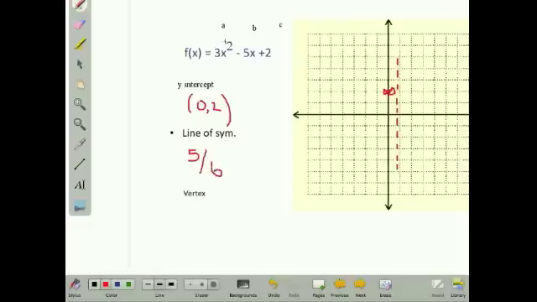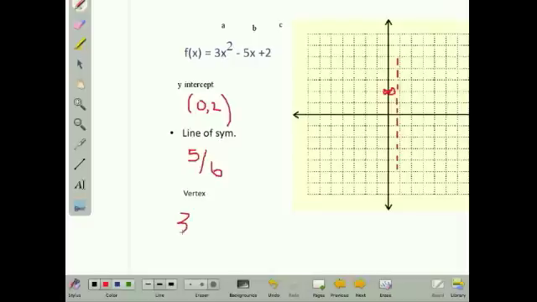Now I know that this graph is going to open up, and that's because a is positive. So it's going to look something like this, and it's going to cross the line of symmetry here. To find the vertex, that's going to be the lowest point because it's a smiley face, I plug 5/6 into this equation.